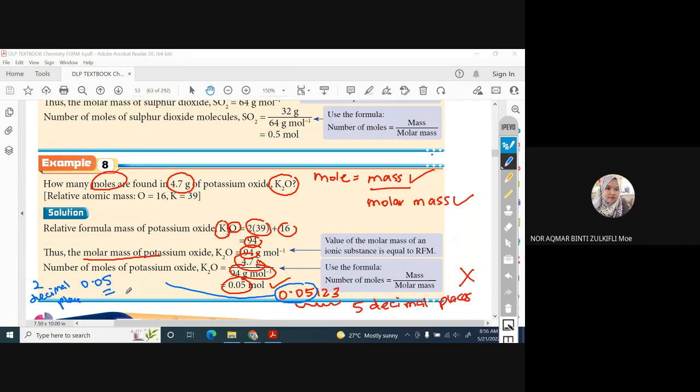Ini 0.05. Tak mau yang belakang ni. 0.05, 1, 2, 3, 4, 5, 6. Tak mau. Okay, tapi ini kalau 1 lah. Kalau you dapat, kita tunjuk ni. Okay, let's say you ada 2 contoh. 0.05123 dengan 0.0552. Okay.